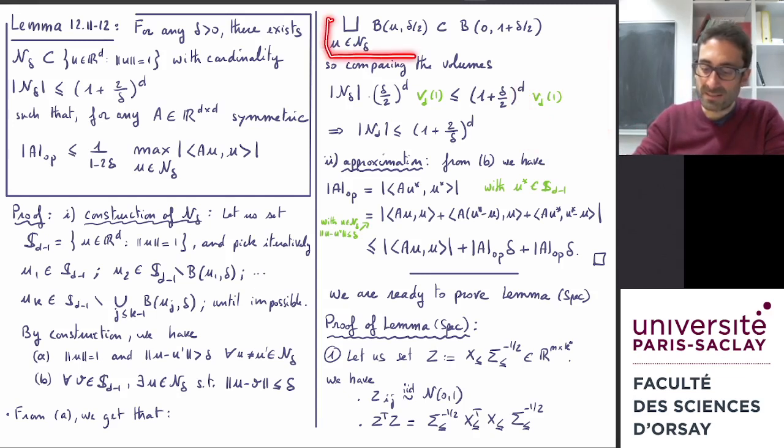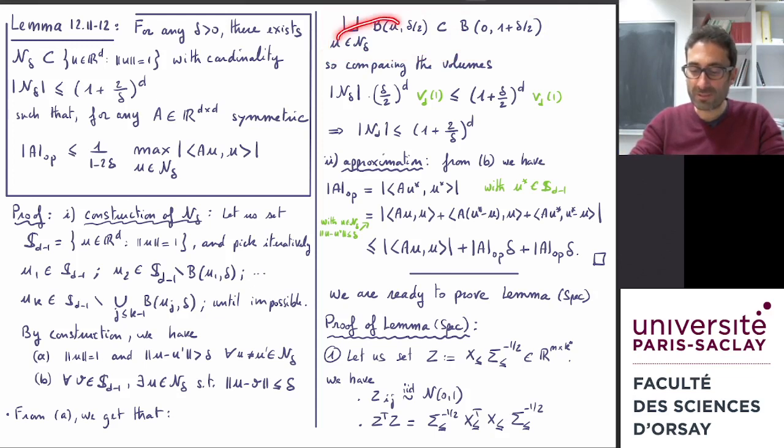So this is exactly what we say here. We have a disjoint union of balls, which are all included in this large ball. And if we compare the volume, since these balls are disjoint, this corresponds to the number of balls times the volume of this ball. So you know that the volume of this ball will be equal to the volume of the ball of radius 1 multiplied by the radius to the d, so the radius is delta over 2.